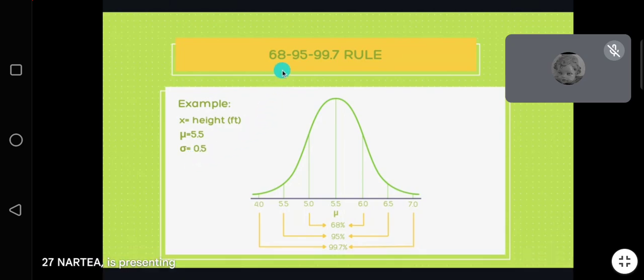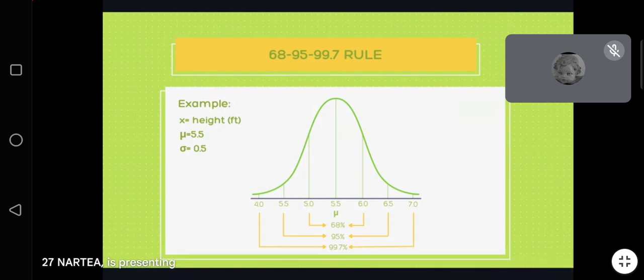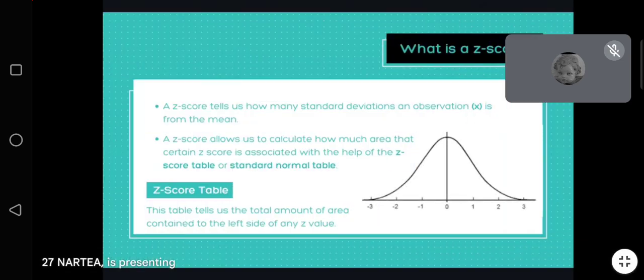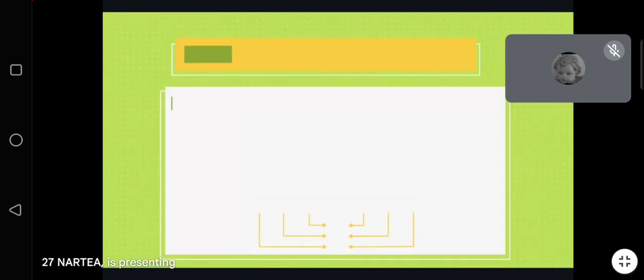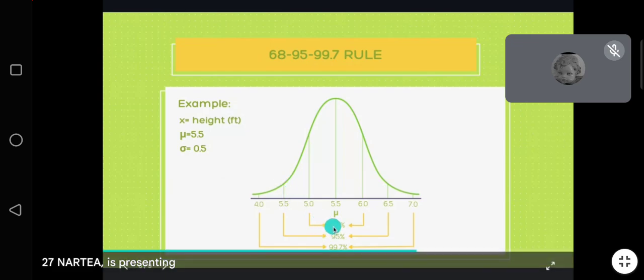If we apply the 68, 95, 99.7 rule, it means that 68% of the population is between 5.0 and 6.0 feet.